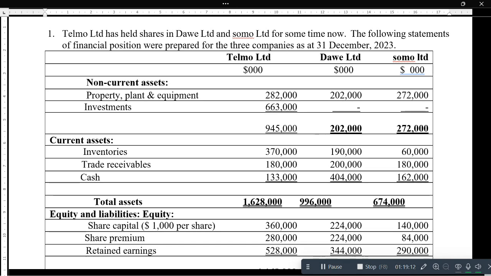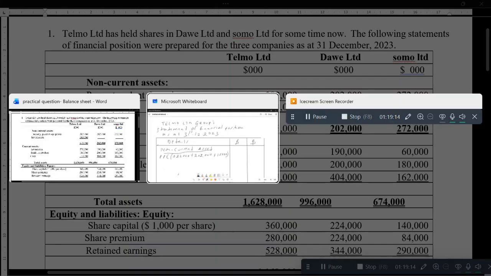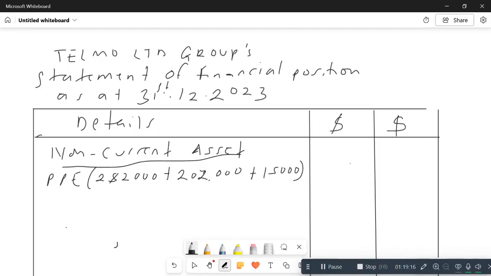We did that working. You go there, you pick the figure, and you bring it at this point. Then you get your total PPE as 499,000.